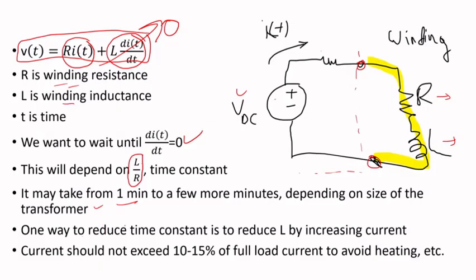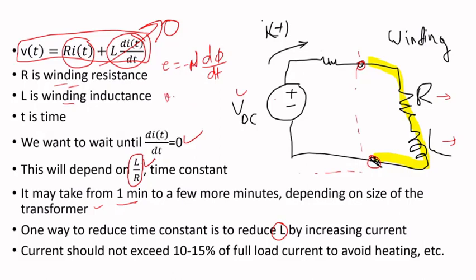So one way to reduce this time constant is to reduce this inductance. One way is by increasing current, because if you look at Faraday's law, the induced voltage is number of turns times the rate of change of flux with respect to time.